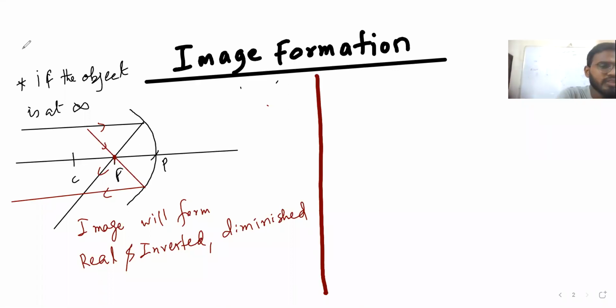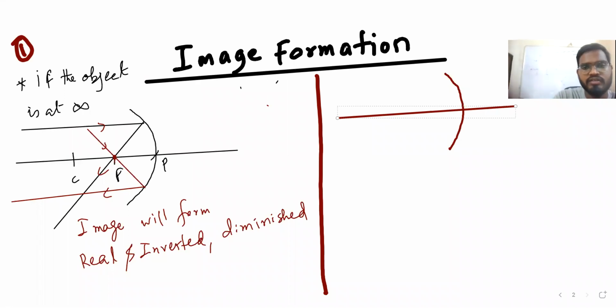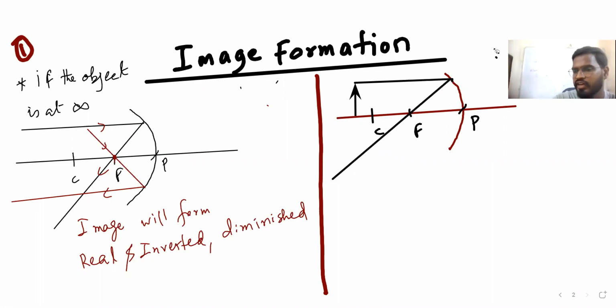Let's see next. This was the first. Next, if the object is beyond C, somewhere here, then a ray of light parallel to the principal axis will pass through focus.